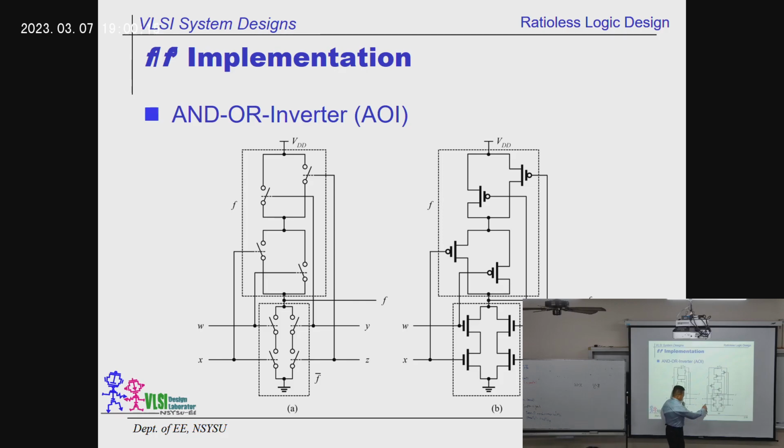And now let's check this one over here. See that? Let's assume this pass is a single device. This pass and this pass, they are in parallel, right? So we are going to have the equation over here.